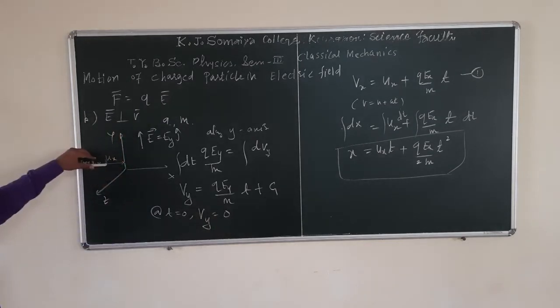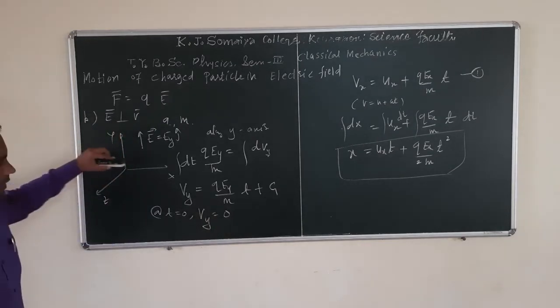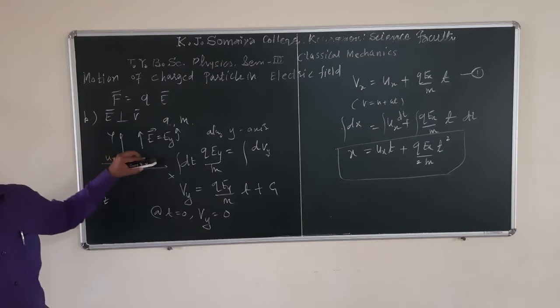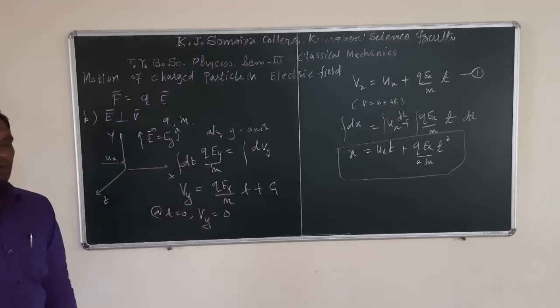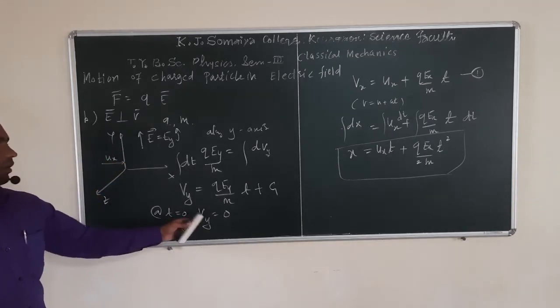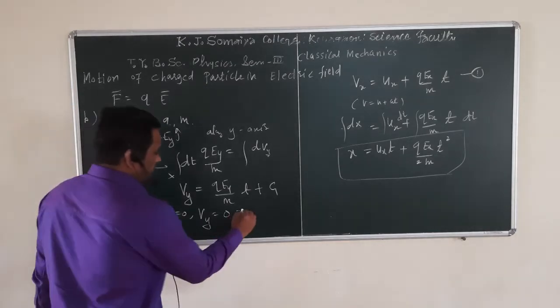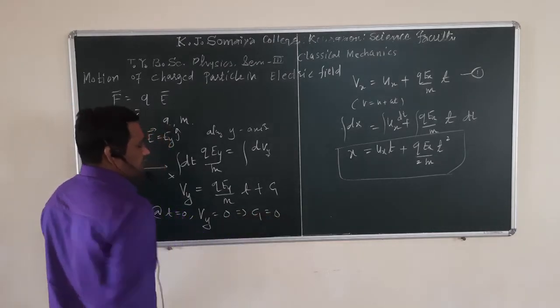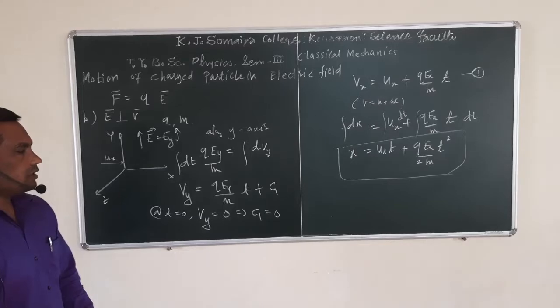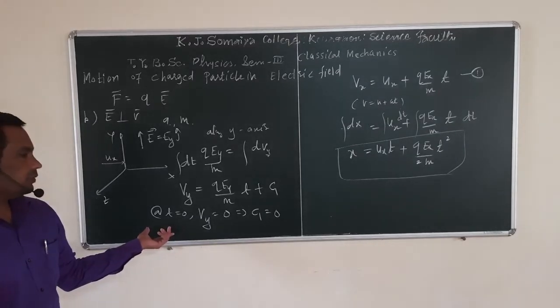Remember, the charged particle has velocity only along the x direction. So the y component of velocity is 0. Then this implies c1 becomes 0, which means the constant of integration is 0.